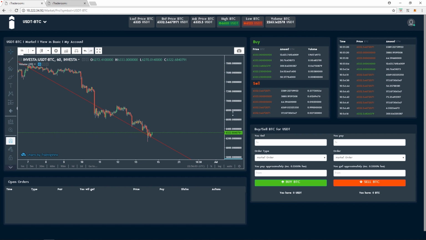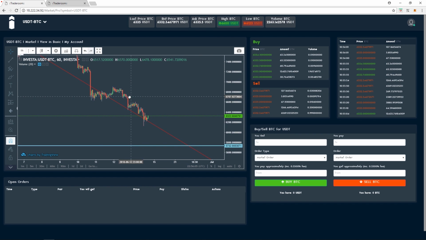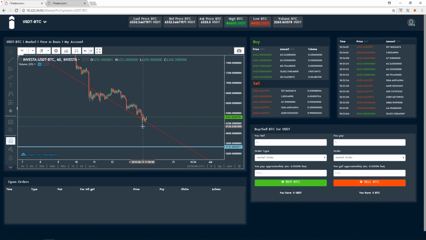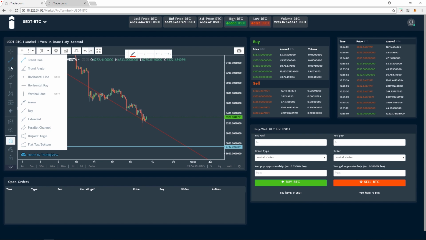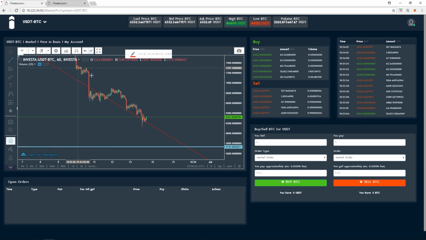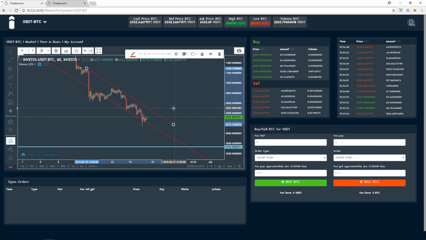But it seems that right now, at this point in time, it has found some support, which is a very weak support, as weak as this one, or this one, or this one. What you're looking for right now is a trend line break to the other side with a confirmation of that break, a candlestick formation to the bullish, and a proper movement upwards.